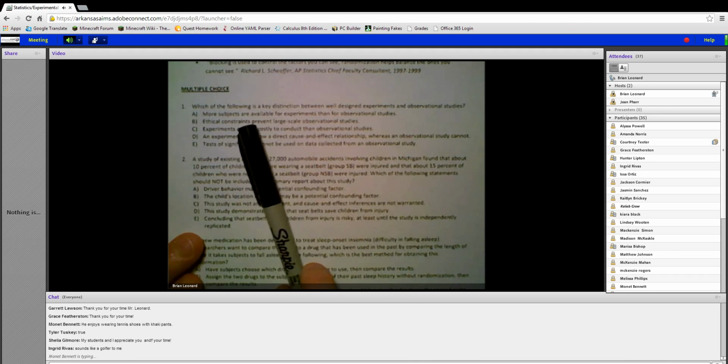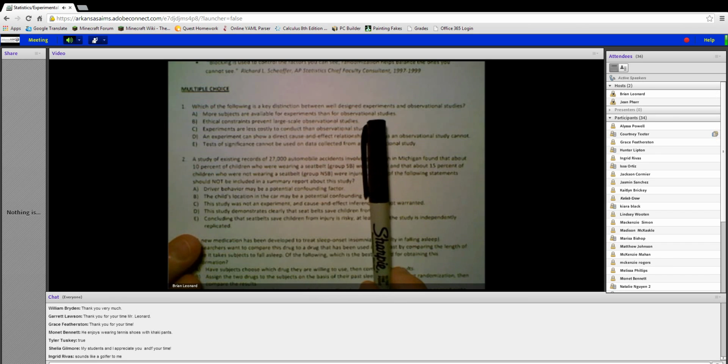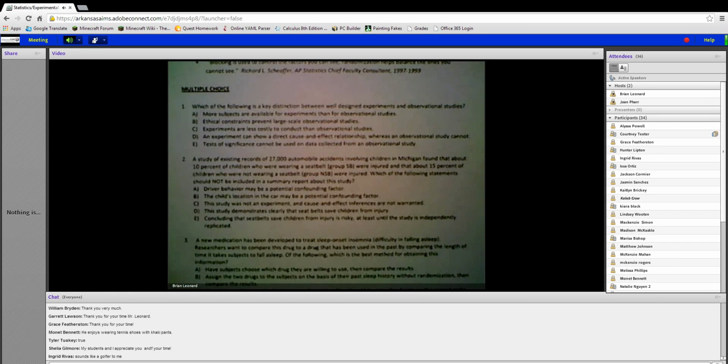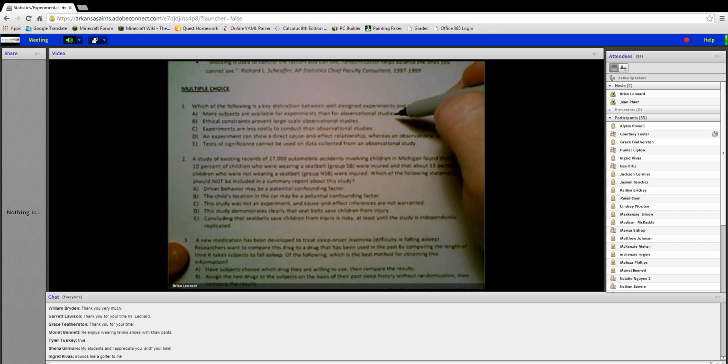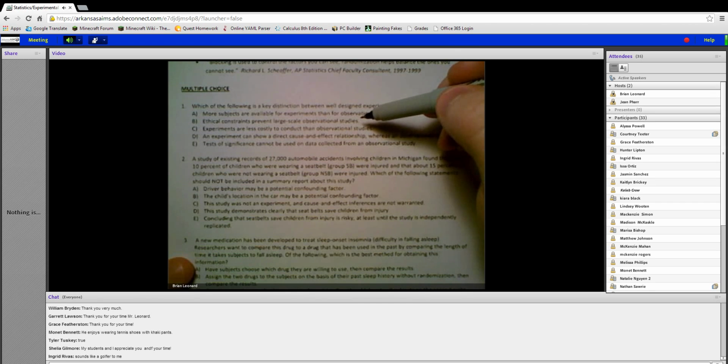A: More subjects are available for experiments than studies. Well, that seems kind of pointless, right? In fact, I'd probably argue the other way around. It's easier to get people for a study than an experiment, where you might give them a drug or shoot them up with who knows what. Letter B says ethical constraints prevent large-scale observational studies. I don't see any reason why ethics would have anything to do with a large-scale study.